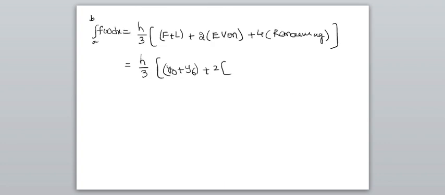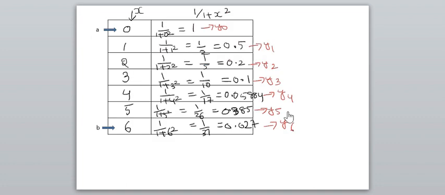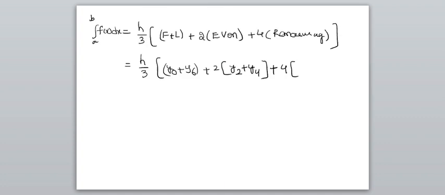So it comes as 2 times of y2 value plus y4 value plus 4 times of remaining values. y0, y6, y2, y4 are already included, so the remaining values will be y1, y3 and y5. So by writing the remaining values in the last component, it comes as y1 plus y3 plus y5.